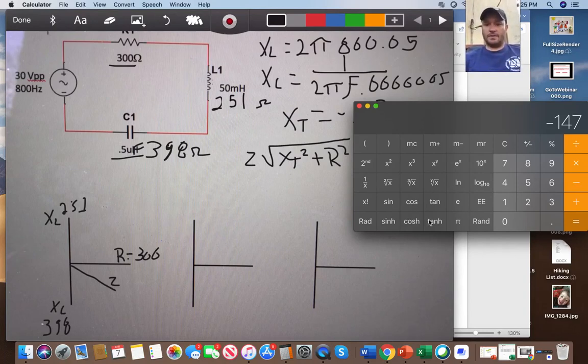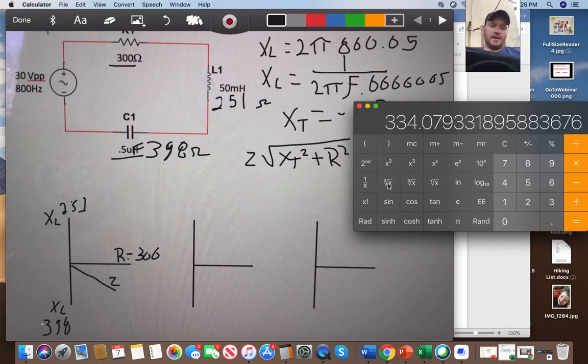So I'll start over from scratch here. We'll take 147, make it negative just to show you that, square it, plus 300 squared equals, take the square root of that, and my Z equals 334 ohms. Very cool.